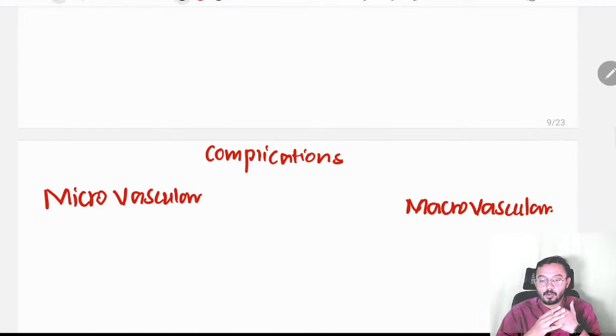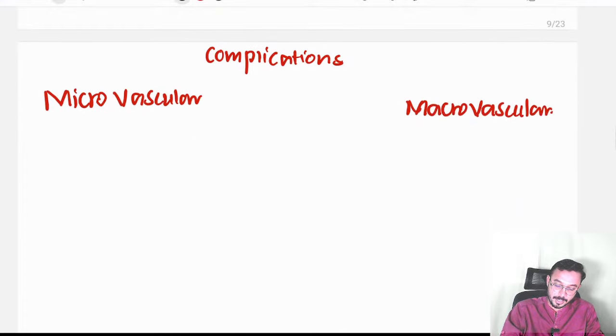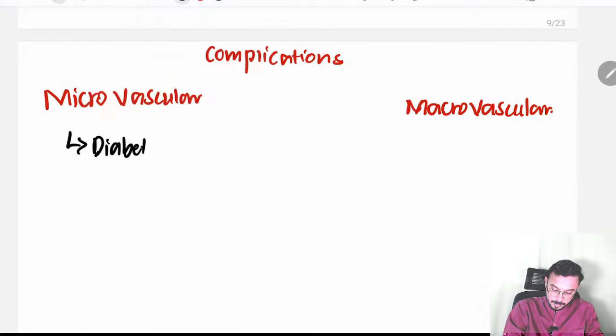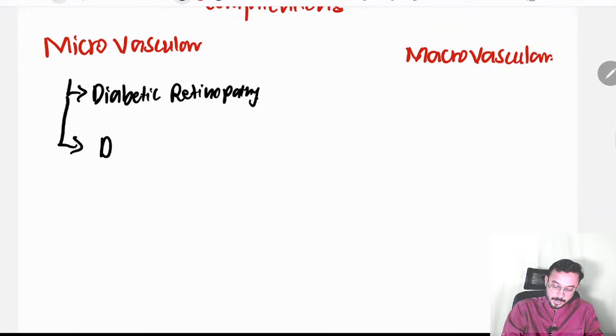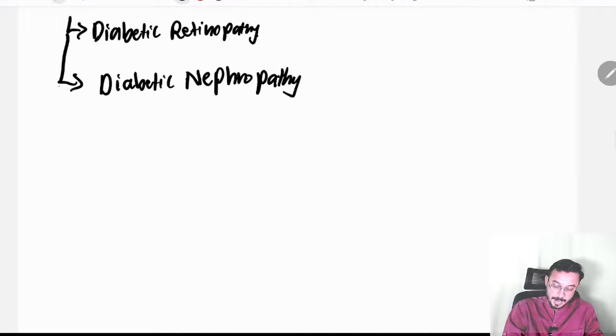And next we come to the complications. What if diabetes is not treated in the patients? You can get microvascular complications and macrovascular complications. Microvascular complications are nothing but diabetic retinopathy, and diabetic nephropathy, and next is diabetic neuropathy.